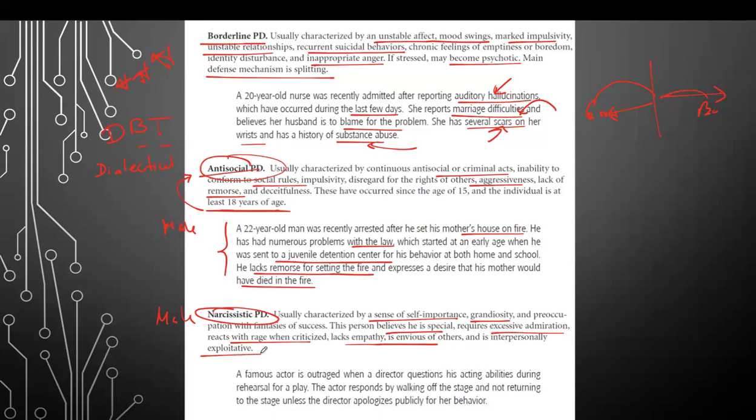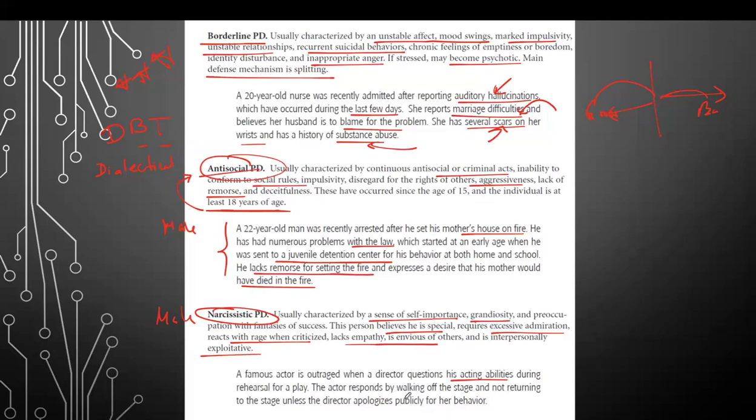So an egotistic patient who only thinks about self-importance and requires a lot of admiration will be narcissistic. A famous actor is outraged when a director questions his acting abilities during rehearsal of a play.